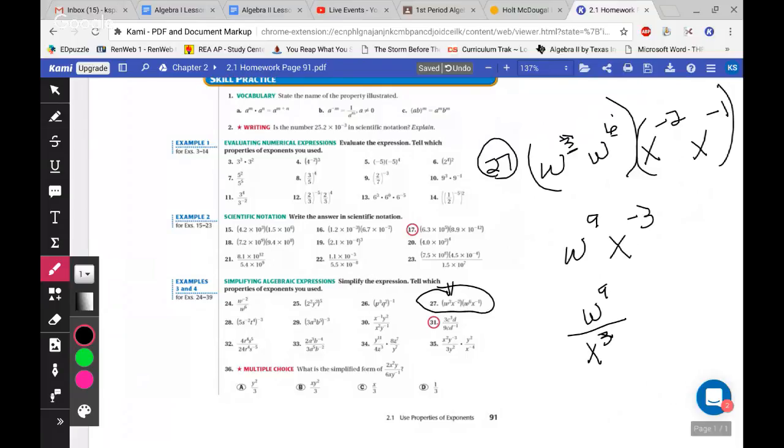So you move it to the opposite of where it is. Hopefully there'll be an example of that. But this is your final answer. Negative exponents get pushed away from wherever they are. So if it's down here, it goes to the top. And if it's up here, like this one is, it goes to the bottom. But that's your final answer for 27.